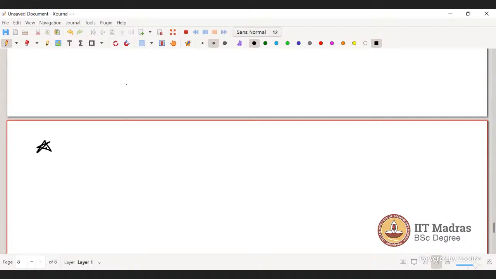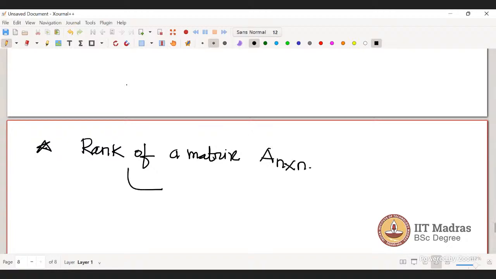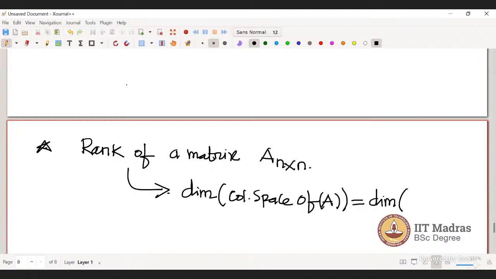The thing is, when you are computing some rank, the rank of some n cross n matrix A will give you the dimension of the column space of A, which is the same as the dimension of the row space.